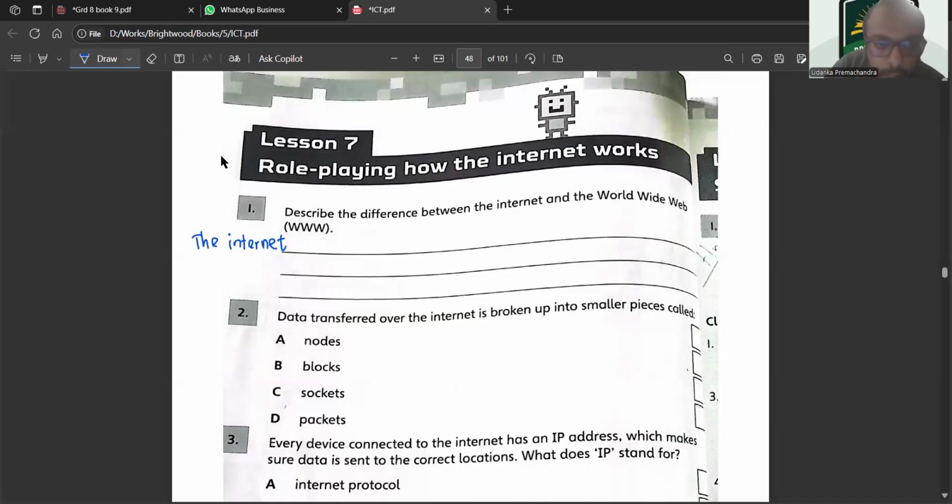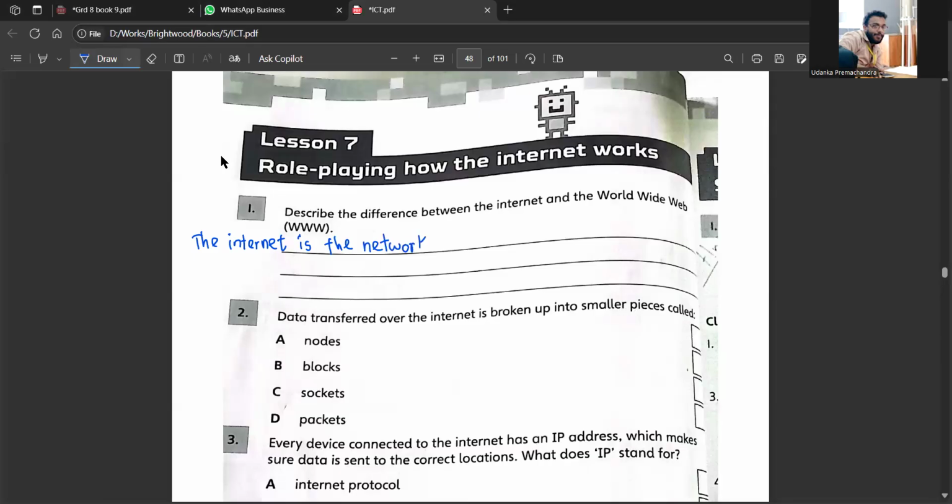The internet is a network of devices and servers.